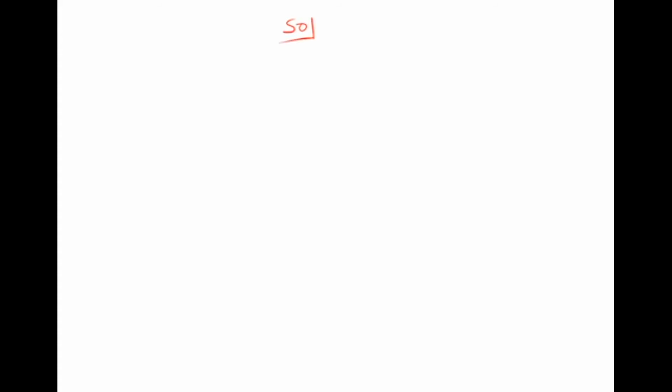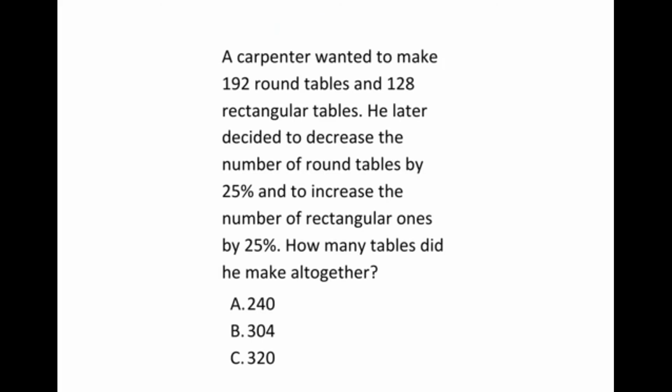We are told that 192 round tables, and these round tables, he decreased it by 25%. Therefore, we have 192. These are round tables.